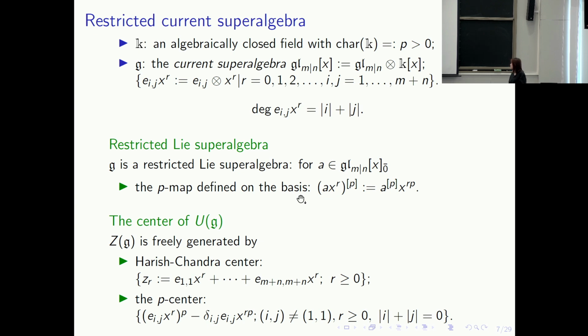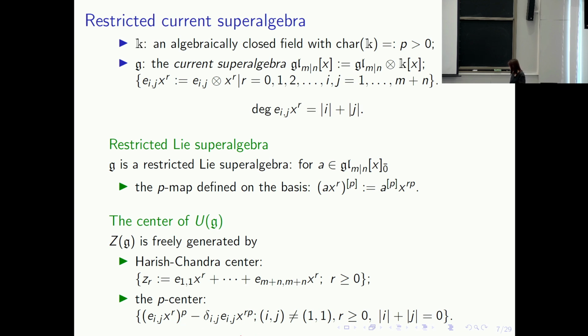Then it allows us to prove that these even elements also belong to the center, and the subalgebra generated by these elements is called the p-center of the universal enveloping algebra of g.